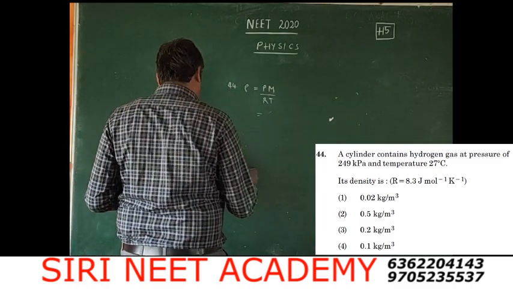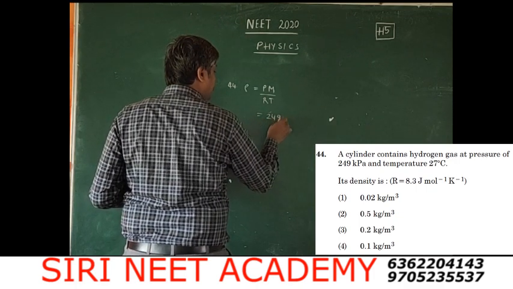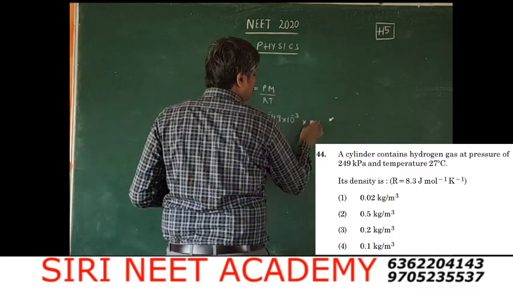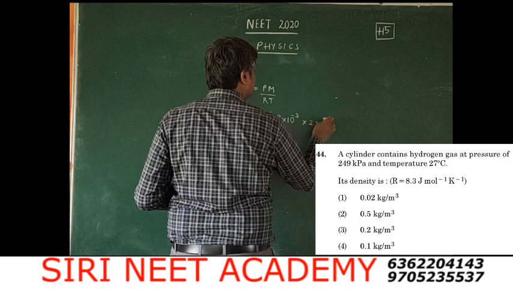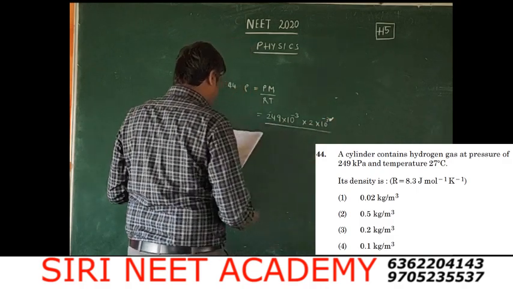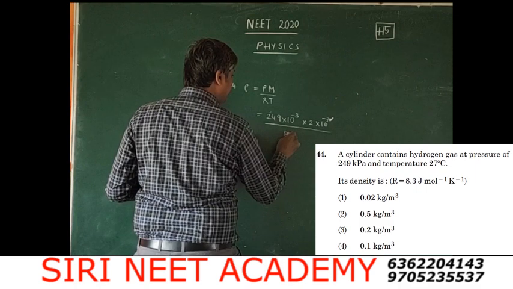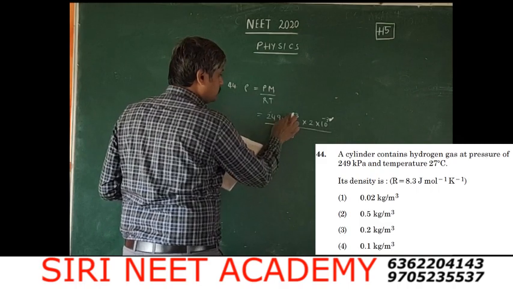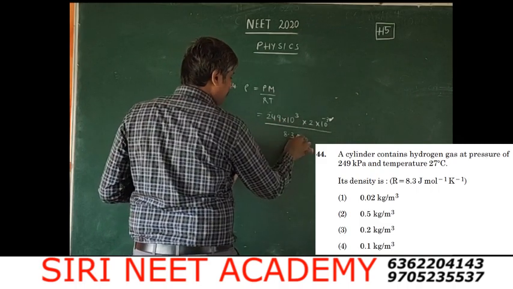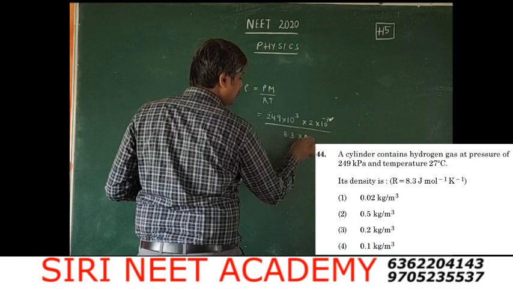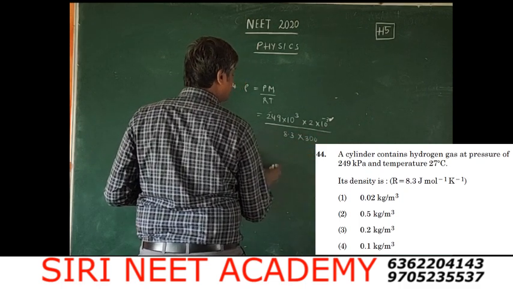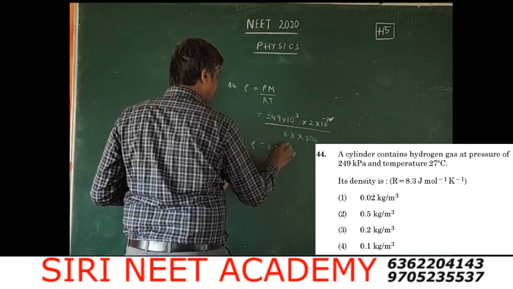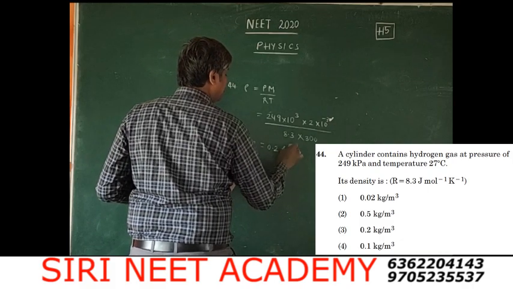So substituting P is equal to 249 kilopascal, M is 2 gram, that is 2 into 10 power minus 3, R is given by 8.3, and the temperature is 27 degrees Celsius, converting into Kelvin. Solving this, you are going to get the density as 0.2 kg per meter cubed.